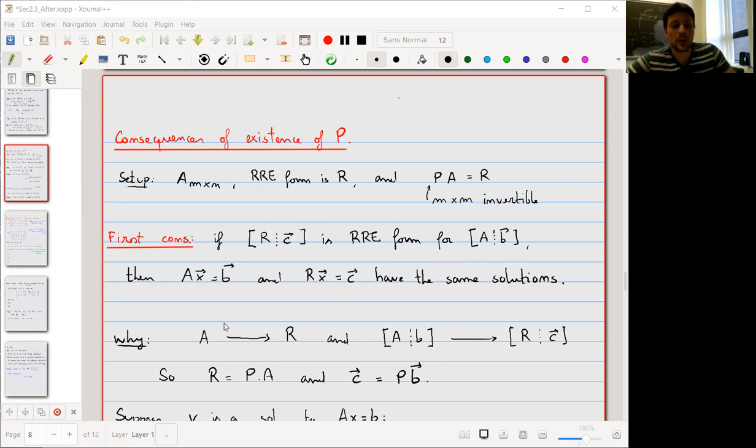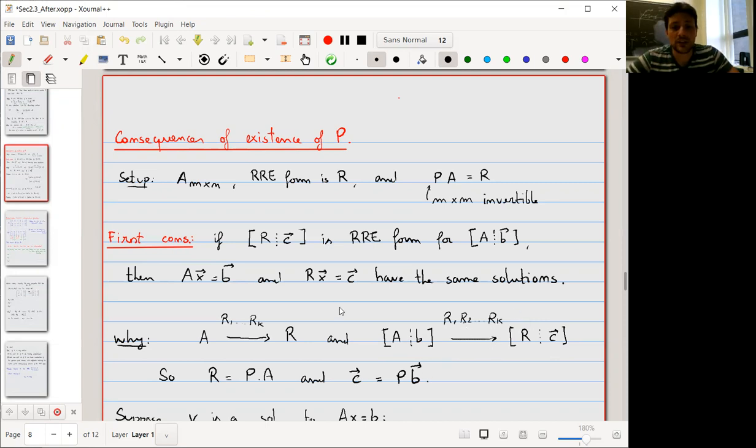Why is this true? Well, we saw that if R is the row reduced echelon form of A, then there are row operations, R1, R2, R3, and so on, that lead us from A to R. Now, doing the same row operations to the augmented matrix, R1, R2, and so on up to Rk, will give the same matrix R when we work with the part of the augmented matrix corresponding to A, and some other vector C. That's the C that we're working with in this first consequence.